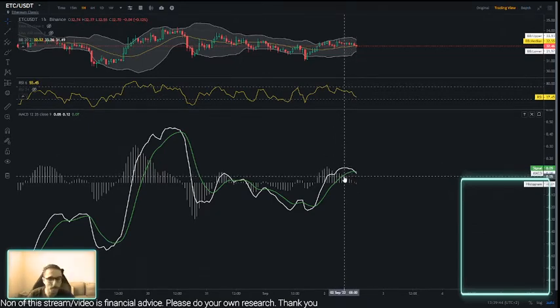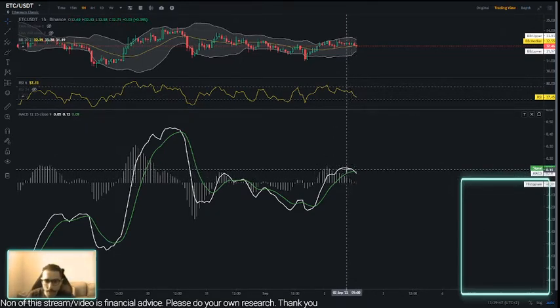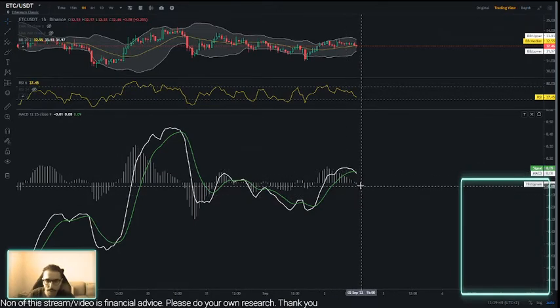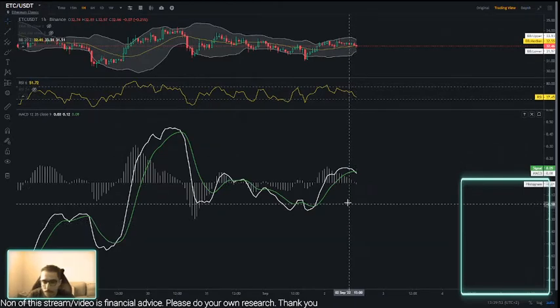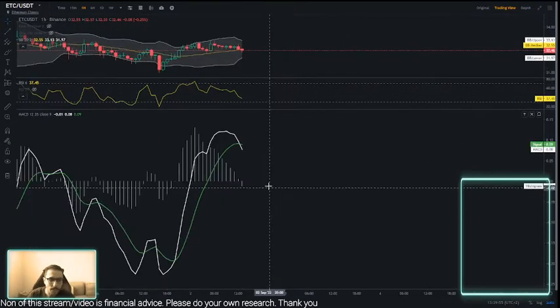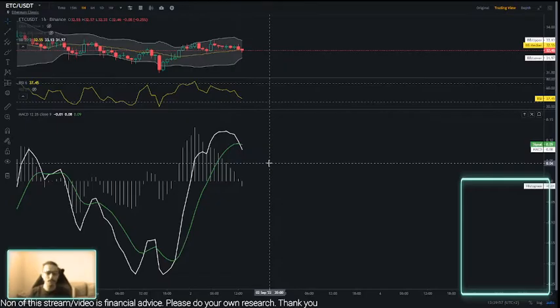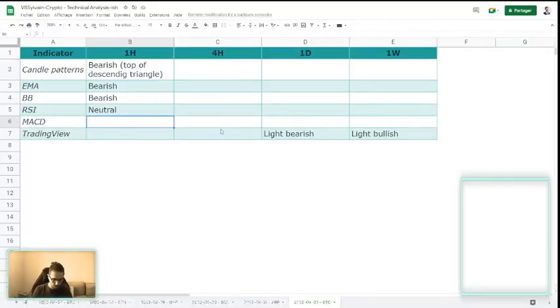This is pretty bearish, both lines are going downward, and the divergence is in negative territory too. So that's going to be a light bearish for me, again consistent with what we've seen earlier.